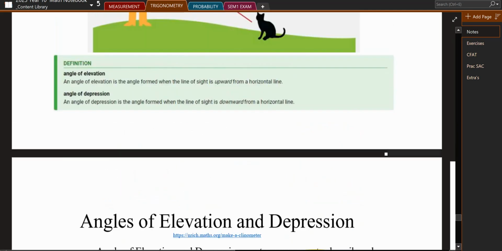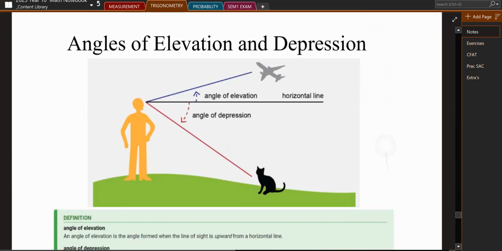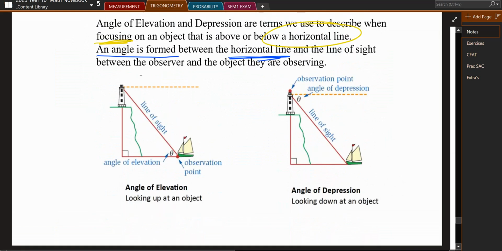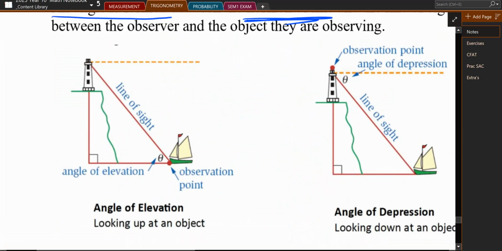Let's use this example. If you are the boat, this is the horizontal line here, and you're looking up at an object, which in this case is the lighthouse.